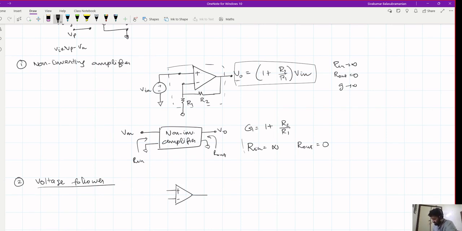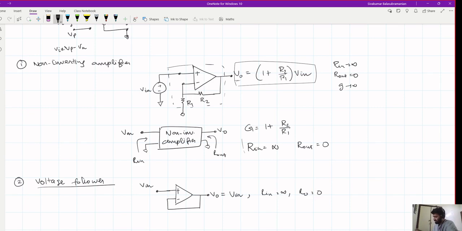The negative input side is connected to the output side. What is V out in terms of V in now? V out equals V in.